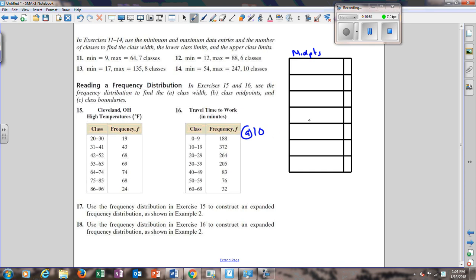Your midpoints are going to start at 4.5. Then it's going to go 14.5, 24.5, 34.5, 44.5, 54.5, and 64.5.